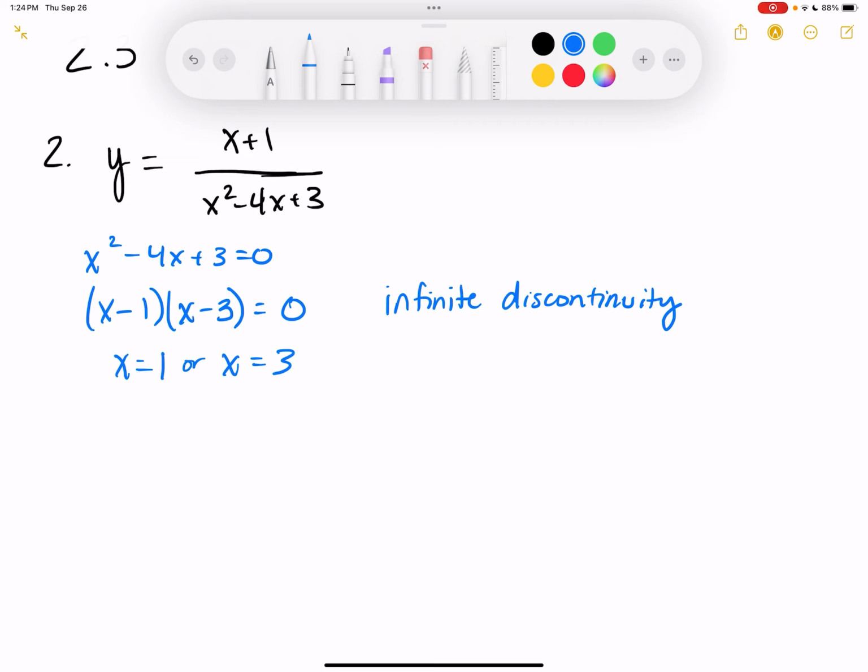So there are 2 vertical asymptotes, and if there are asymptotes, essentially there has to be infinite discontinuity. That's a really good way of thinking. Just remember that the infinite discontinuity is basically just like vertical asymptotes.